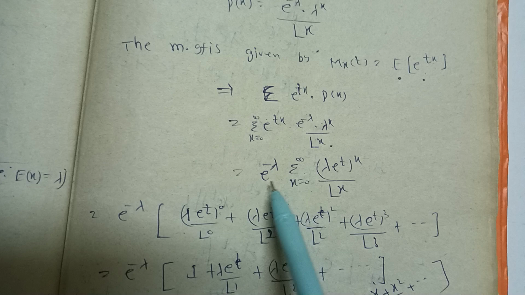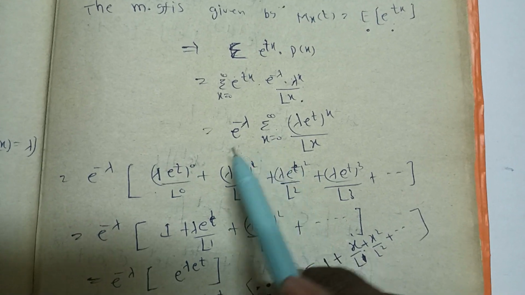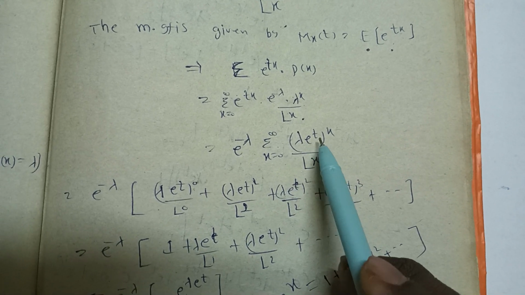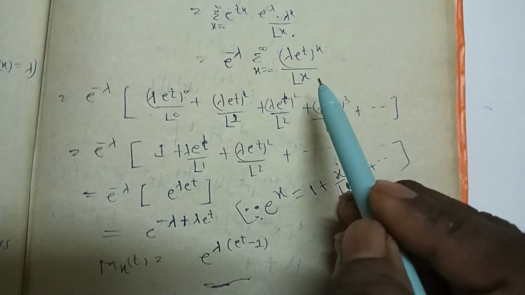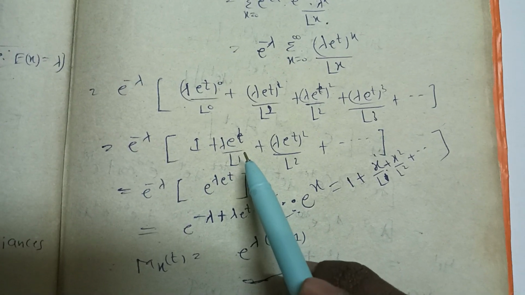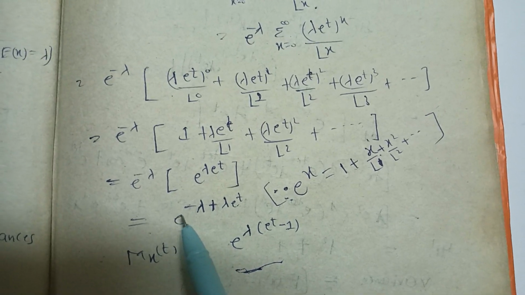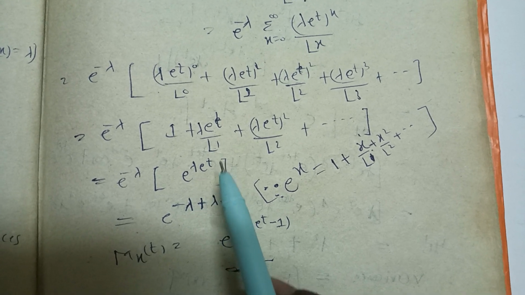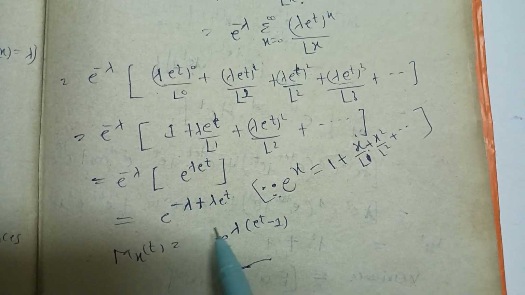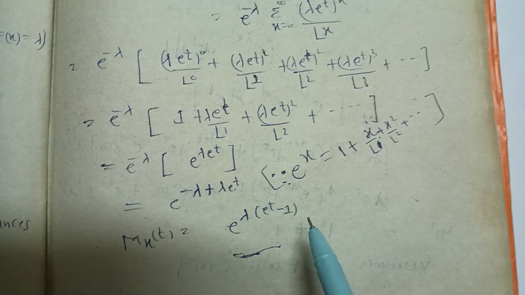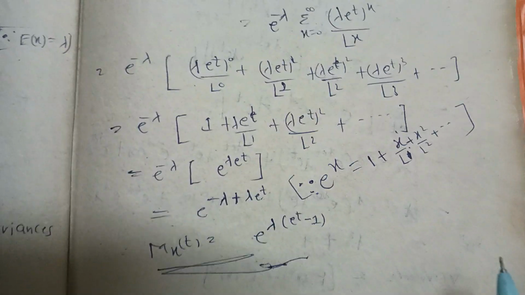So if you put e to the power of minus lambda outside, the summation will come for this only: lambda into e to the power of t, whole to the power of x divided by x factorial. So if you expand this, this is in the form of e to the power of x, so in place of x you have lambda into e to the power of t. So e power minus lambda and e power lambda into e power t. So if you take the lambda value common, then e to the power of lambda times e to the power of t minus 1 is the M x of t for the Poisson distribution.